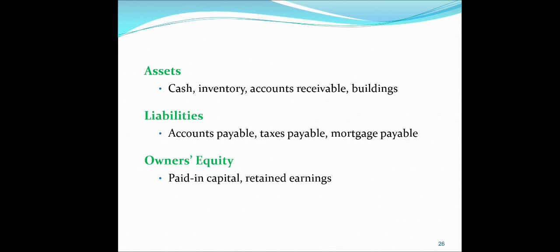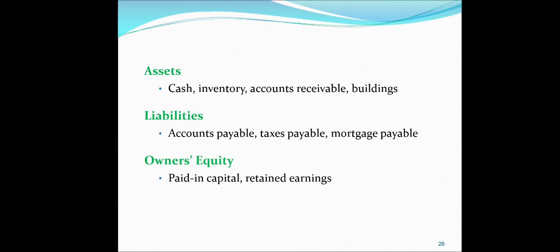How about buildings? A building is an example of a non-current asset, because a building is useful or will be used in a period of more than 1 year. If you have a business and you own a building, that building is an asset. But you know that the building can be used for many, many years, 20 years, 30 years, and maybe more.